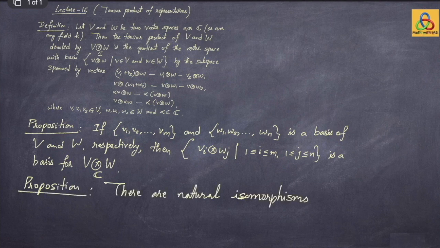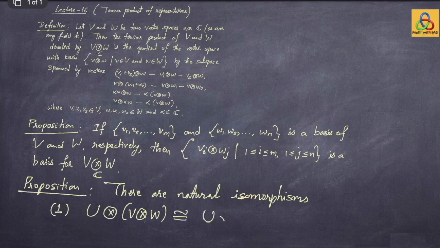Let's observe another property of tensor product which is useful in representation theory. There are natural isomorphisms between these vector spaces. U tensor (V tensor W) is isomorphic to (U tensor V) tensor W. Second, the tensor product distributes over the direct sum.